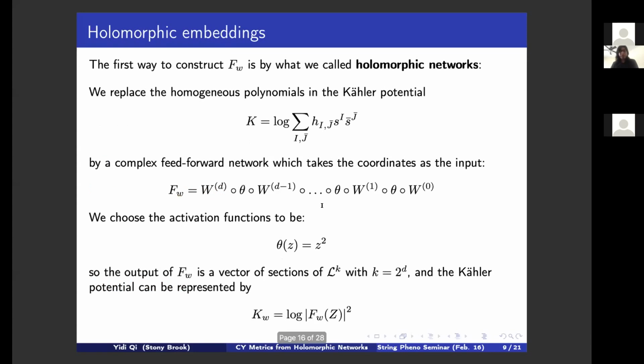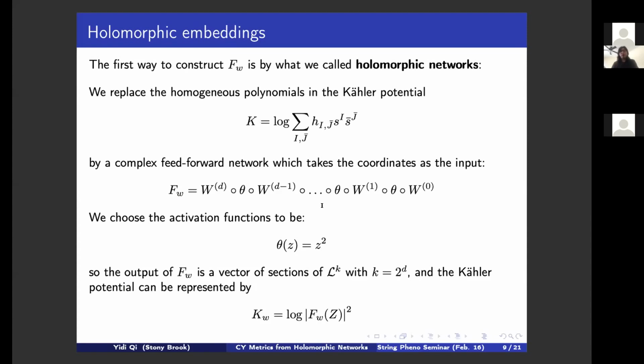There are actually many ways you can do this. You can map the points on the surface to the Kähler potential. You can map the points to the elements of the metric itself, and there are also many different ways to construct networks. But here we try to keep the mathematical form of the Kähler metric and the Kähler potential as much as possible, and we also want to make it homogeneous.